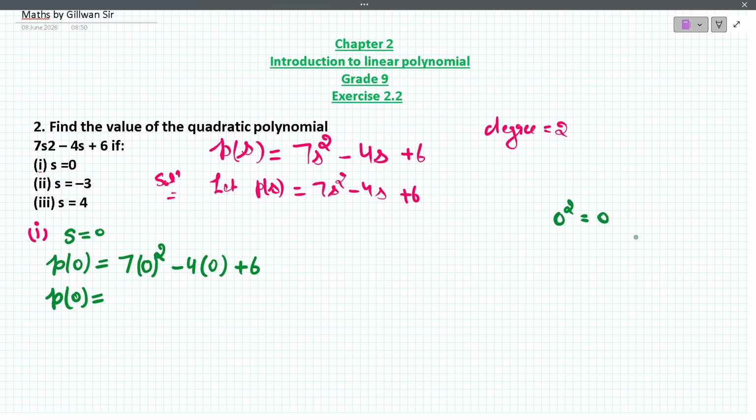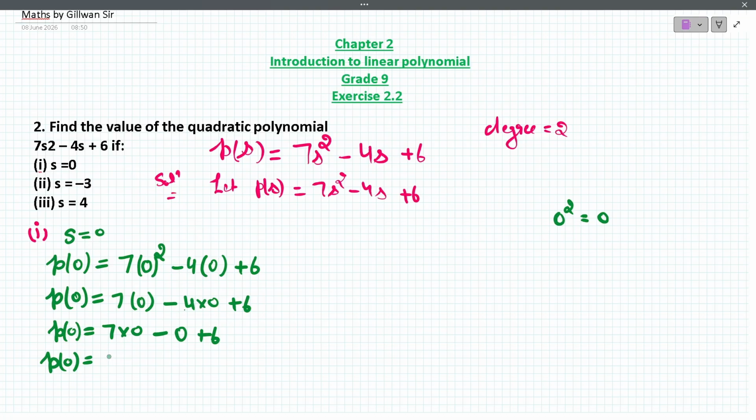So 7 multiply 0 minus 4 multiply 0 plus 6. Now 4 multiply 0 is 0, and 7 multiply 0 is also 0. Now the answer is plus 6.